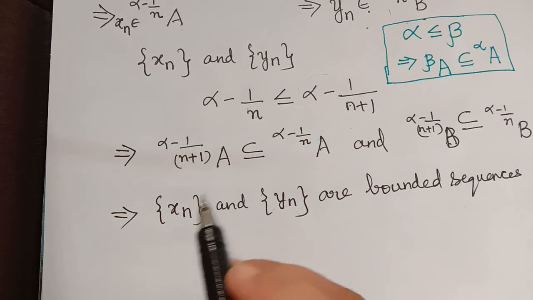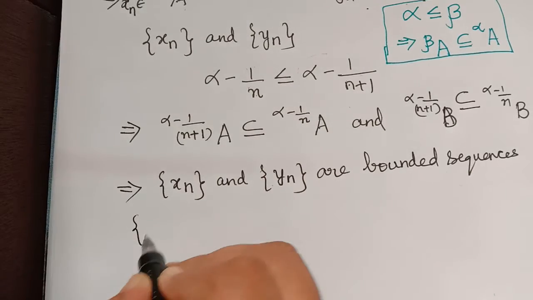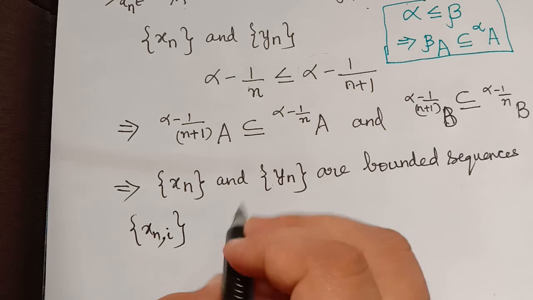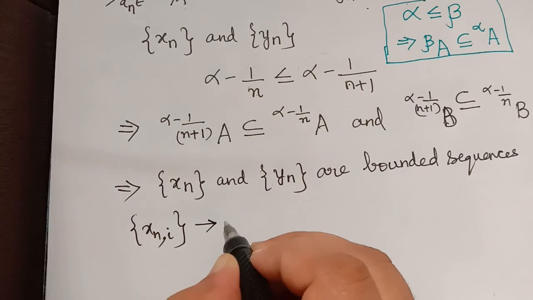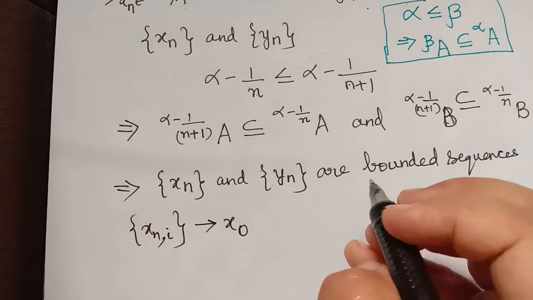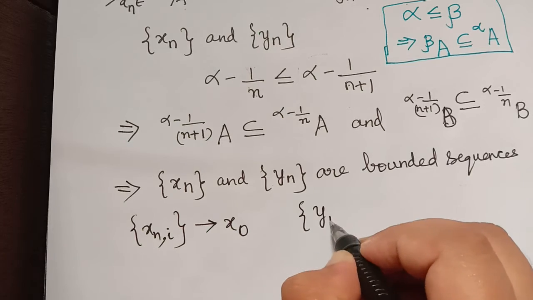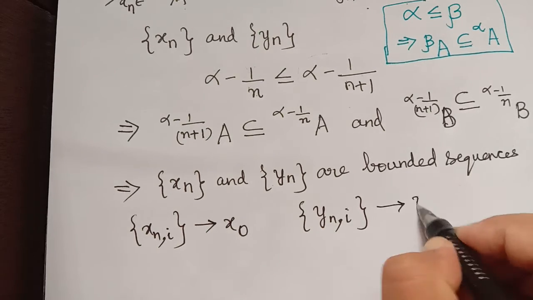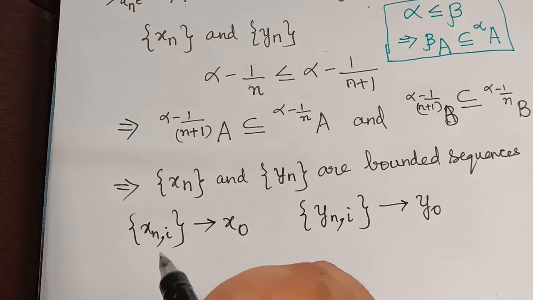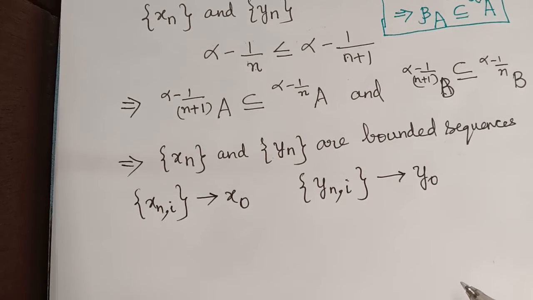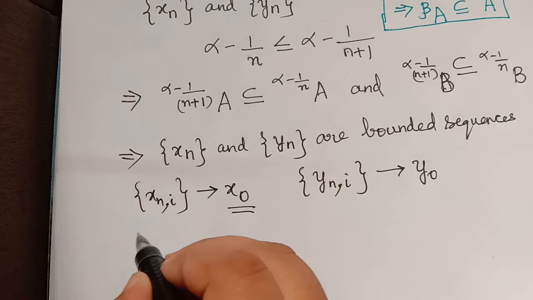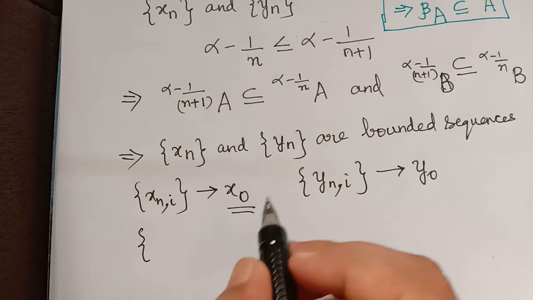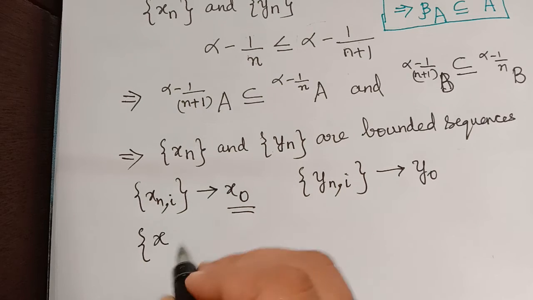So for the sequence xn, let xn,i be a subsequence which converges to a point x0, and let yn,i be a subsequence that converges to y0. Now this subsequence again has a subsequence which is also convergent to the same point.